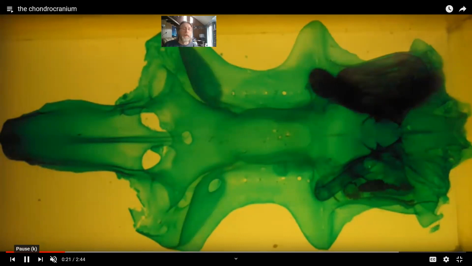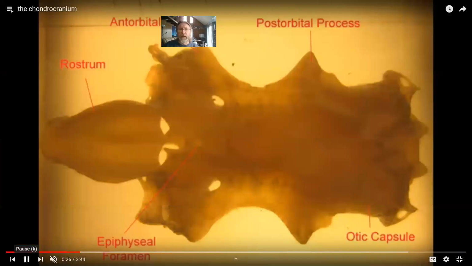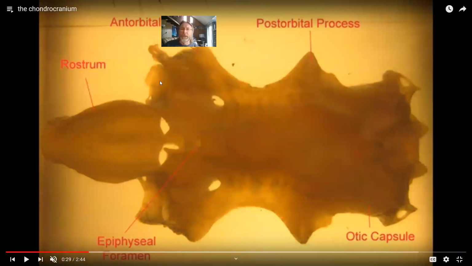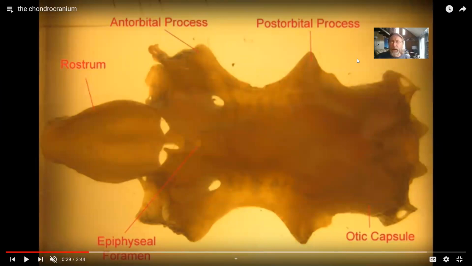So the brain is surrounded by cartilage. Sensory structures like the nose, the ear, and the eye are partially to fully surrounded by cartilage. And so this chondrocranium now protects the brain, protects the sensory structures. Here, the otic capsule, the ear.